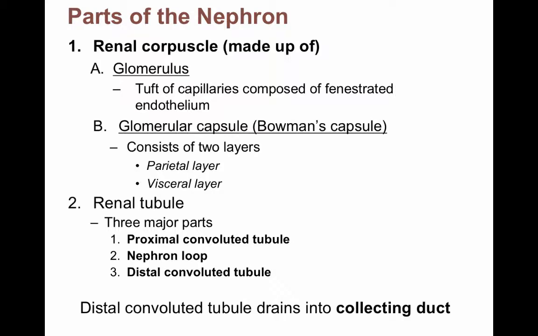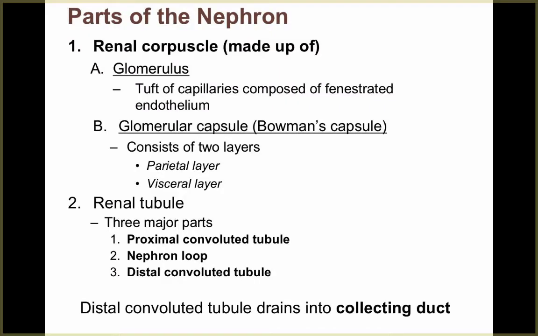Now, of these two parts, the renal corpuscle is actually made up of two things. One is called the glomerulus, and these are just small tufts of capillaries that are composed of the fenestrated epithelium. If you remember, the fenestrated epithelium is very highly porous.